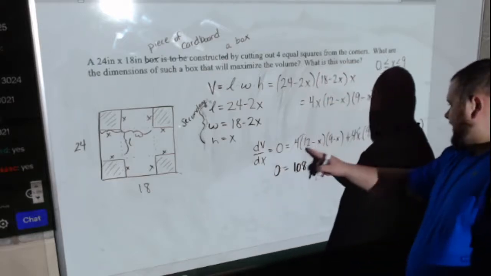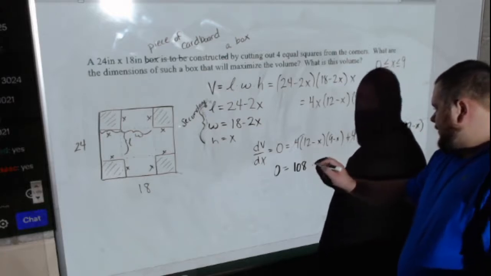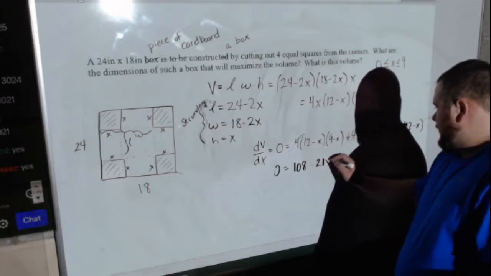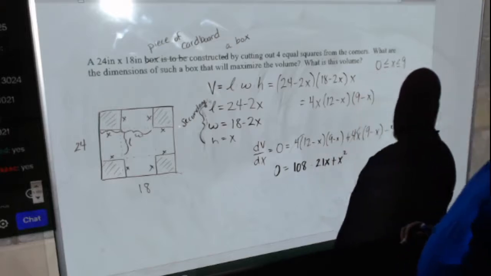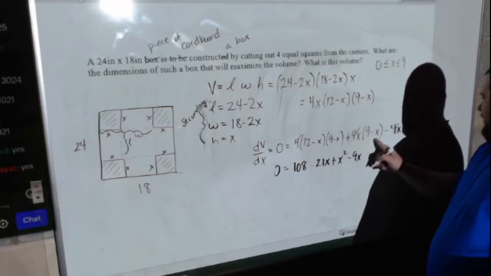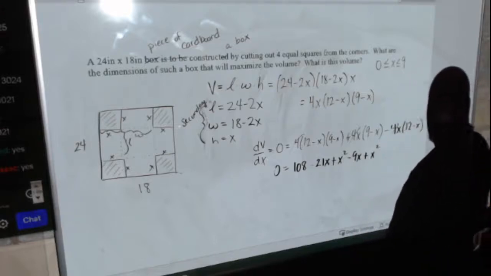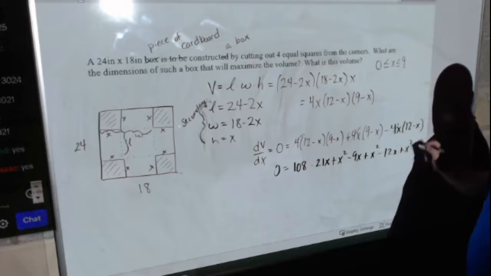Then I'm going to get minus 12x minus 9x plus x squared. I'm going to get another minus 9x plus x squared and a minus 12x plus x squared.